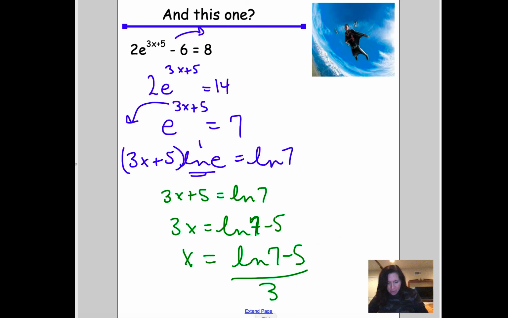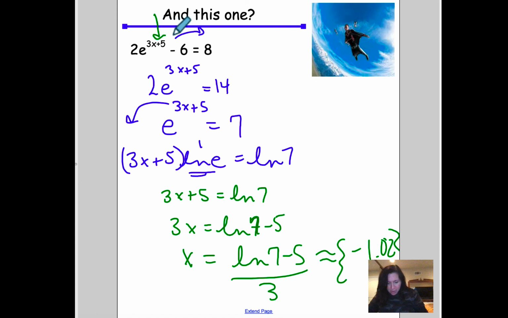I go ln of 7, minus 5, divided by 3, and I get about negative 1.01, so about negative 1.02. Then you can plug it back in for x and see: did I get the right answer? Did this work? Yes or no?